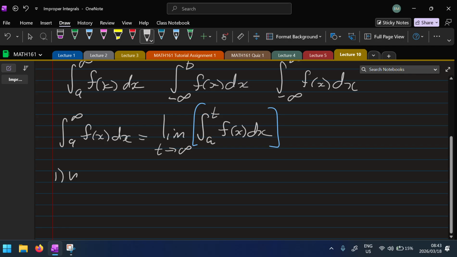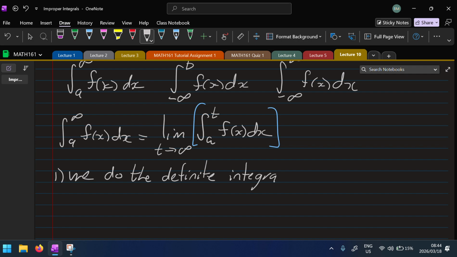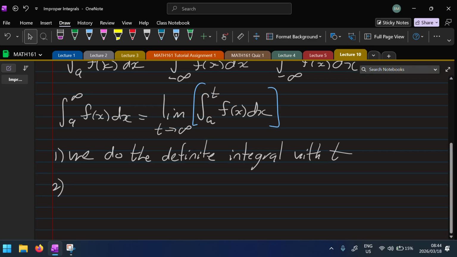So number one, we do the definite integral with t. Then we take the limit as t goes to infinity, and then we check if that converges or not.